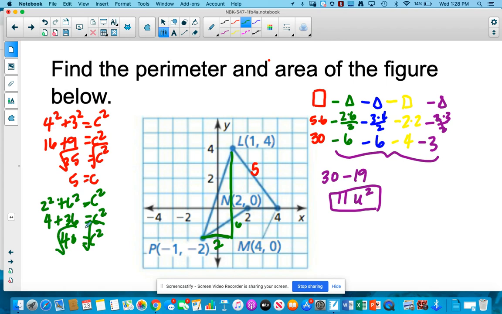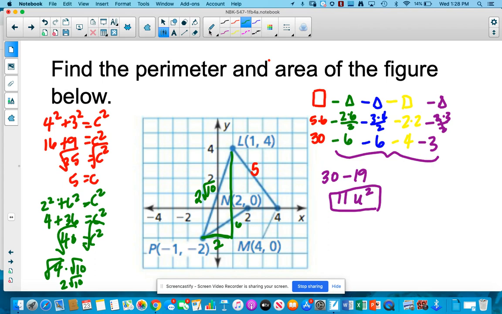Now I've got to square root it, and if you remember from the PC, this factors out into the square root of 4 times the square root of 10. Obviously 4 is square rooted, so I get 2 square root 10. So my length here from L to P is 2 square root 10.